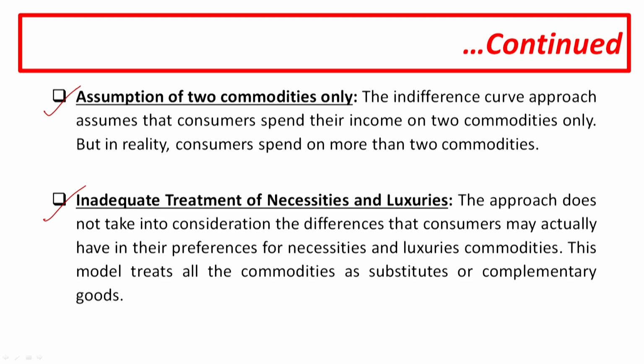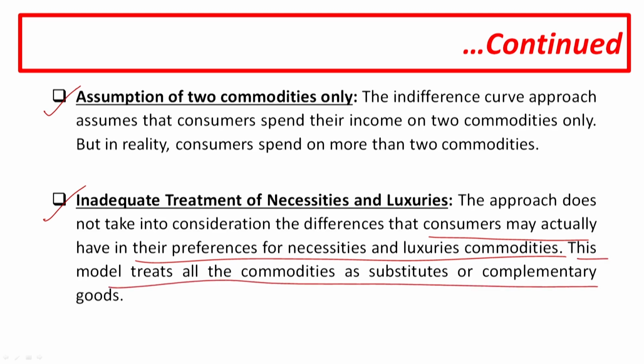Inadequate treatment of necessities and luxury. The approach does not take into consideration the differences that consumers may have in preference for necessary and luxury commodities. This model treats all commodities as substitute or complementary goods. It treats goods only in the form of substitution. Either they can be substitute goods, complementary goods, or unrelated goods, but it does not talk about necessary goods and luxurious goods.